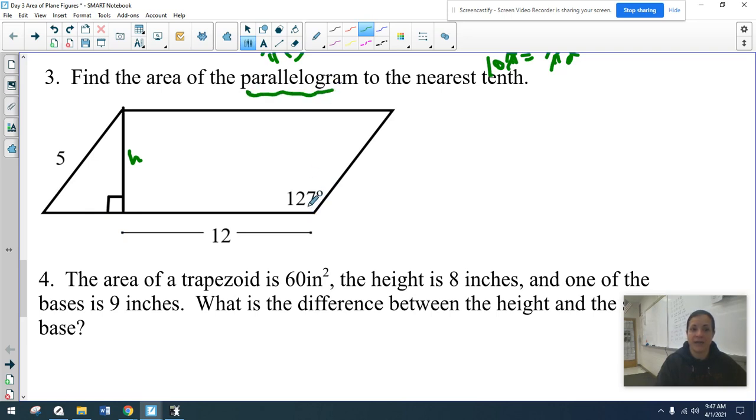Parallelograms have opposite angles that are equal, and consecutive angles that add up to 180. So if I do 180 minus the 127, that's going to give me 53. So that's going to help me find everything. Now I can find the height, and then I could also find this piece that I also need. So SOHCAHTOA again. I've got the opposite and the hypotenuse.